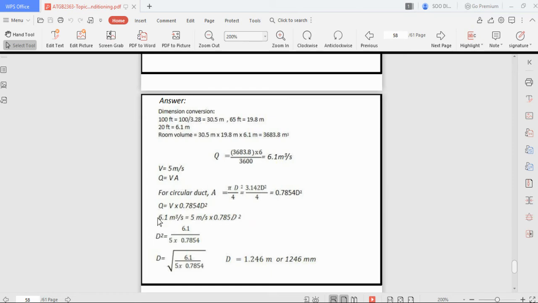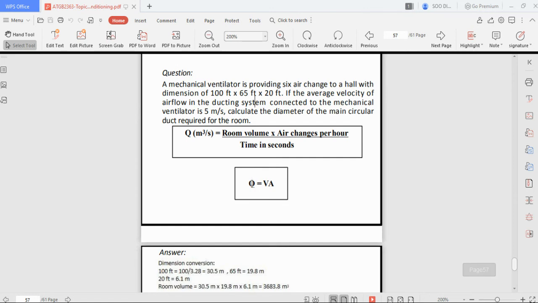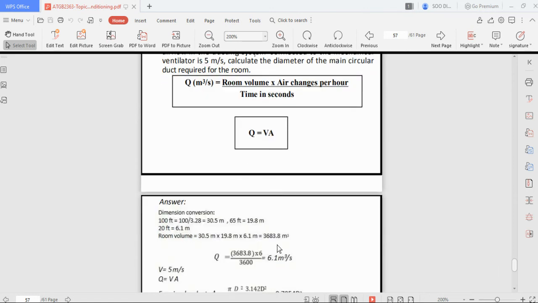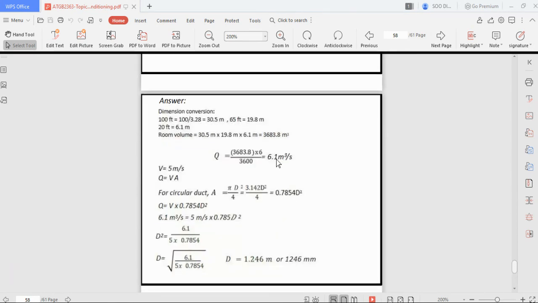Take note at this area because this Q and this Q is the same, and you are required to find this part 1. So this part 1 will give you the requirement of the room, how much airflow is required. And because you know that you're using this formula, you have to take this and plug it in.